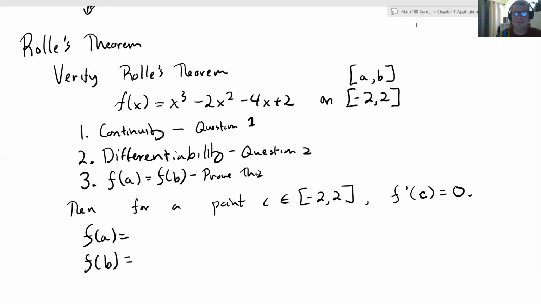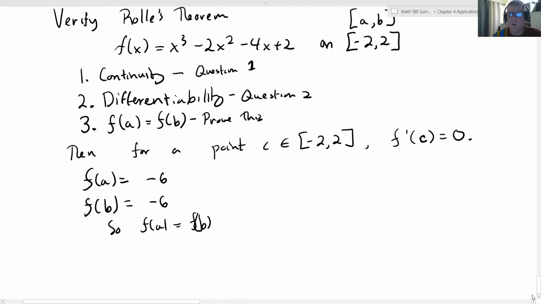Anyone? There it is. Thank you. Yep. Negative 6, f of a. F of b is negative 6. So f of a equals f of b. All right? That is using Rolle's theorem.